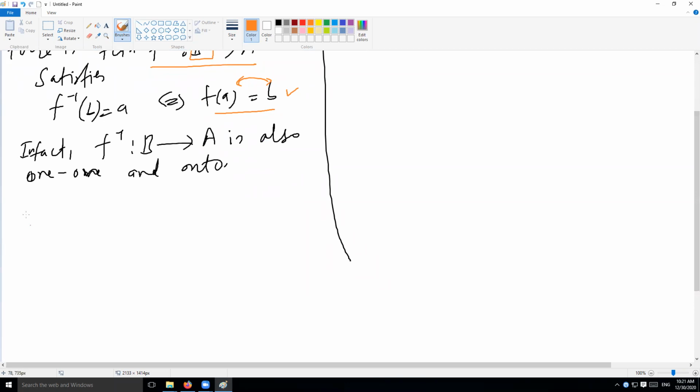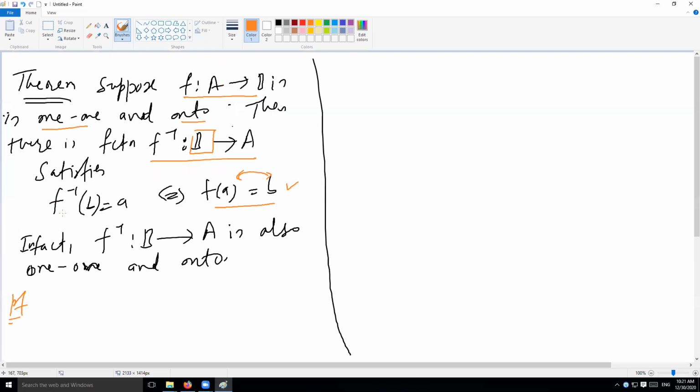So first, what we will prove: if you are claiming that this f inverse is a function, is it a function? How do I know that if f from A to B is 1-1 and onto, then f inverse is a function actually? So let's prove that f inverse is well defined.